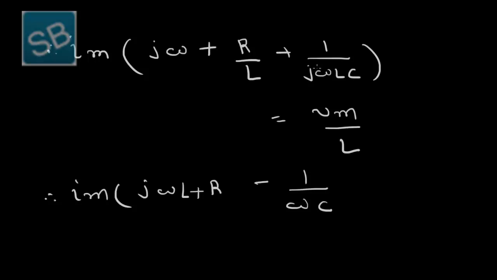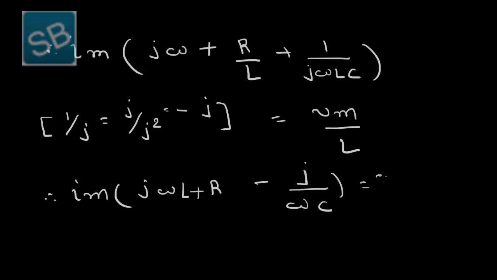Actually it is 1 upon j, which I can write as j over j square, and the square of the imaginary number is minus 1, so that is minus j. So I am writing minus j over omega C, and this L is cancelled out, that is equal to Vm.